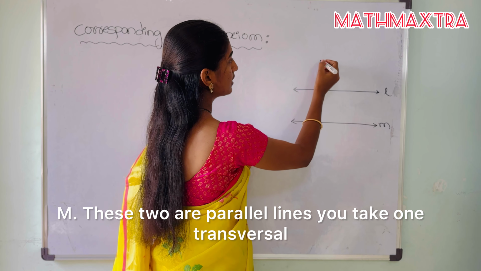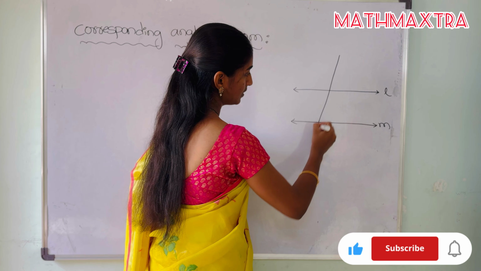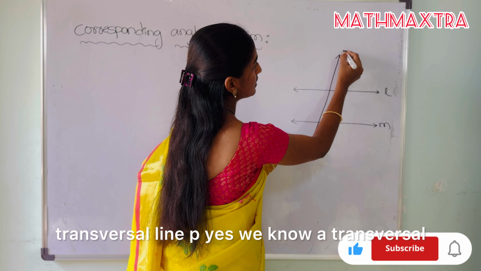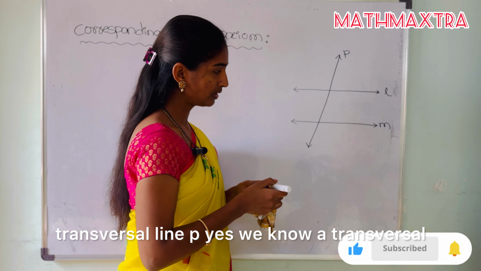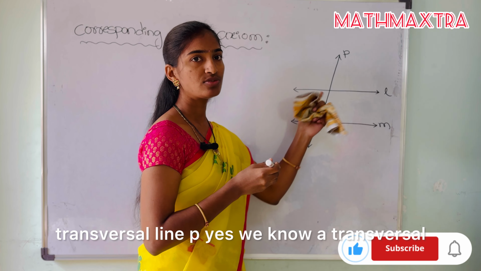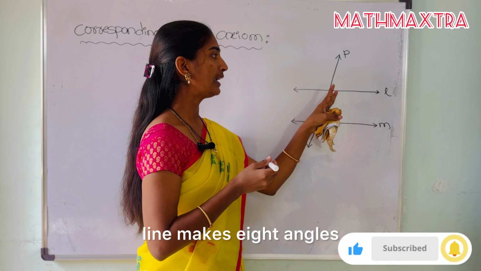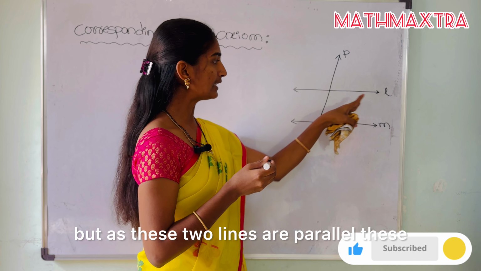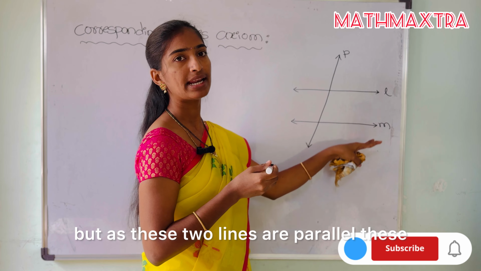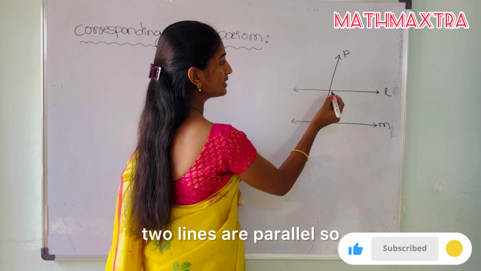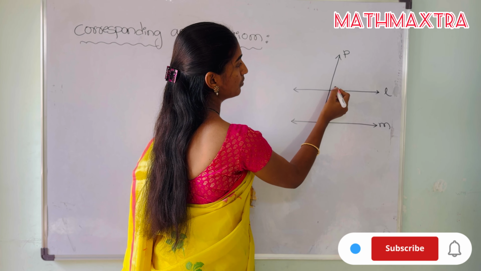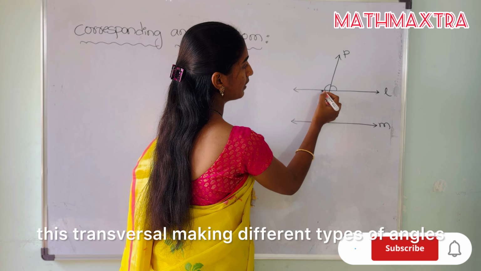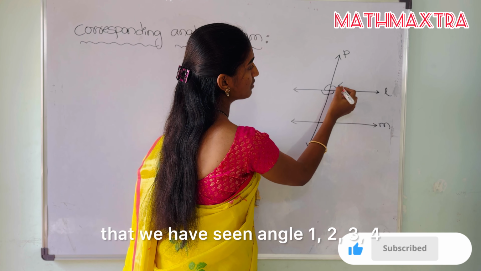You take one transversal. This is the transversal line P. Yes, we know a transversal line makes 8 angles on the two lines. But as these two lines are parallel, this transversal is making different types of angles that we have seen.